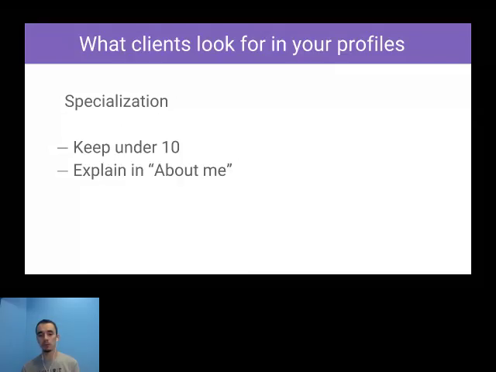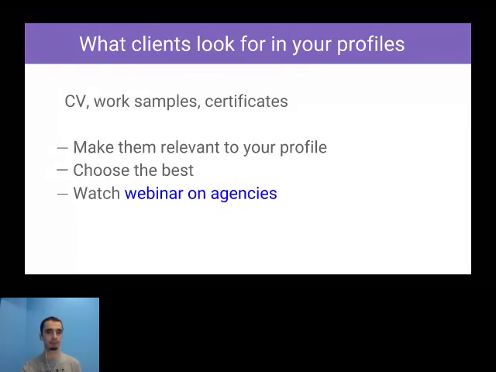Even if you, for instance, have no experience in the humanitarian field, but you love translating, I don't know, history, tell a few words about why you think you make a good choice. Maybe you have read a lot of books on history, maybe you were a part of a student club or something like this. Make sure all your specializations match with your introduction in the About Me section.